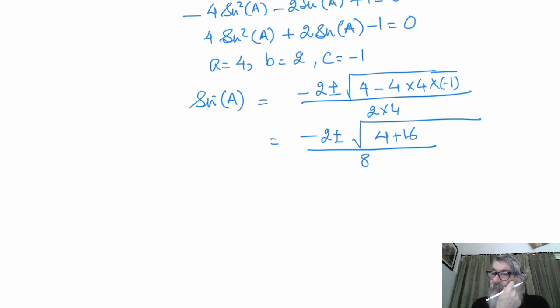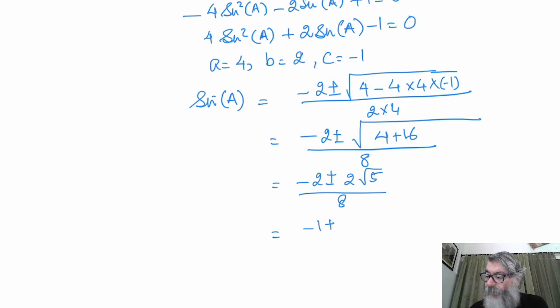Minus into minus will become plus, so 4 times 4 is 16 into minus 1 will become plus 16. So 16 plus 4 will become 20, and 20 can be written as 5 into 4, so 2 root 5 upon 8. It will become minus 1 plus minus root 5 upon 4.